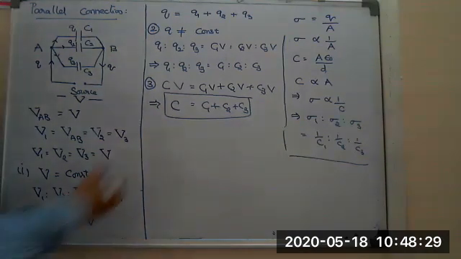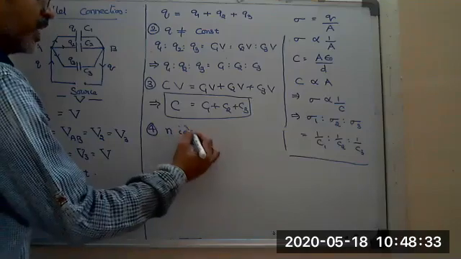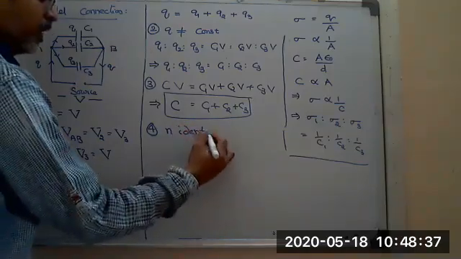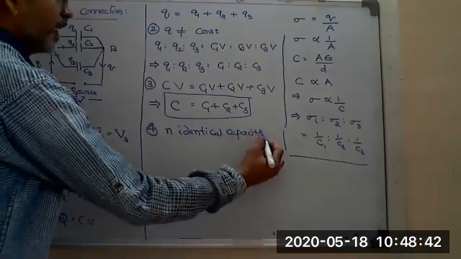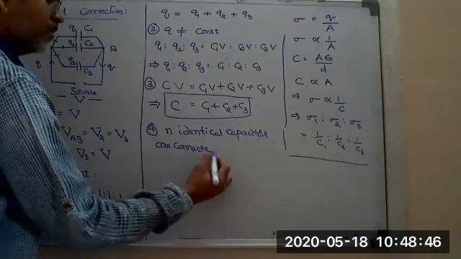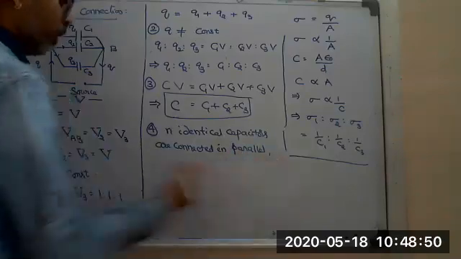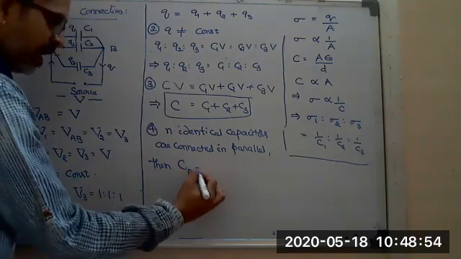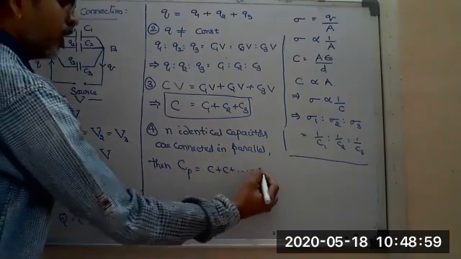In this case, if n identical capacitors are connected in parallel, then the effective capacity C in parallel, I have to write as C plus C and so on, n times.